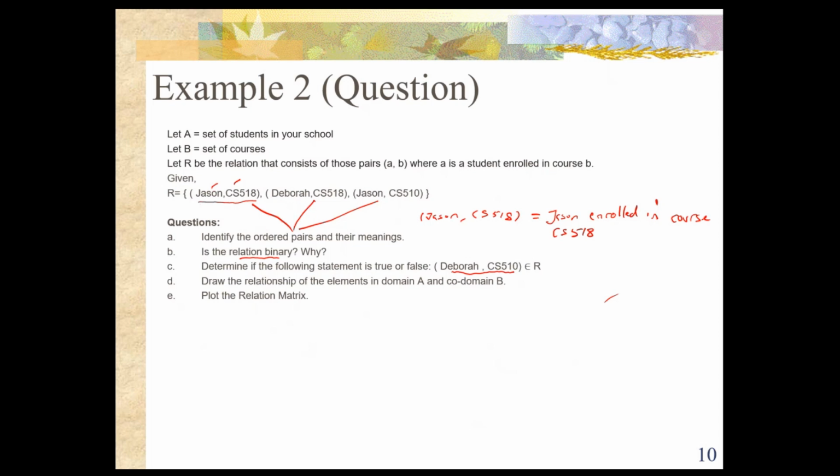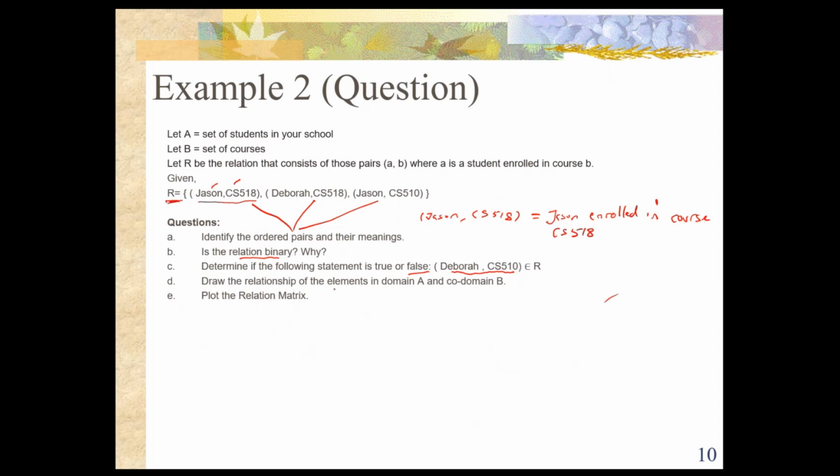Now check the relation. Do you have Deborah? She is enrolled in CS518, but there's no CS510 for Deborah. So the answer is false, because this particular ordered pair is not an element of the relation here.